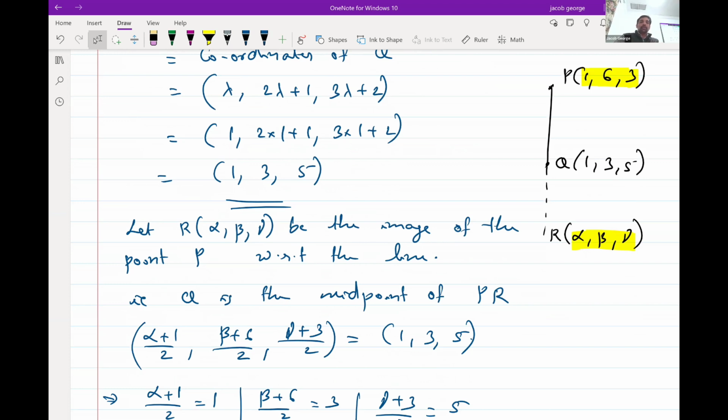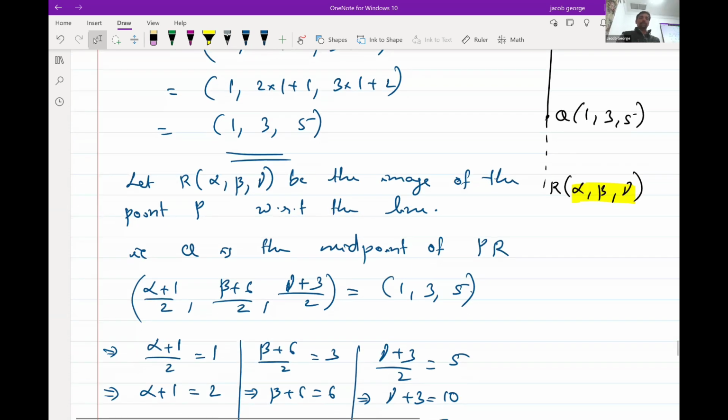See here, Q(1, 3, 5) is the midpoint of PR. Then we apply the formula: alpha plus 1 by 2, beta plus 6 by 2, gamma plus 3 by 2 is equal to 1, 3, 5. Then we equate it. Alpha plus 1 by 2 is 1, and find alpha from there. Then the next one, beta plus 6 by 2 is 3.